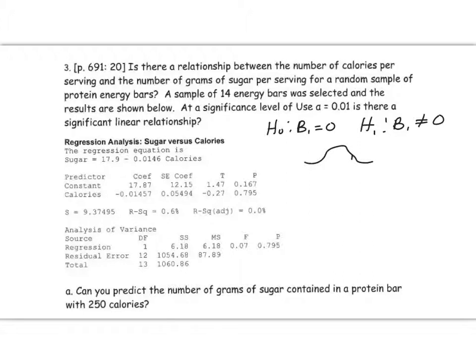And we're again using that small alpha over 2, but this time our degrees of freedom are going to be 14 minus 2, which will be 12 degrees of freedom. And when I look that up on my calculator, I get negative 3.05 and positive 3.05.